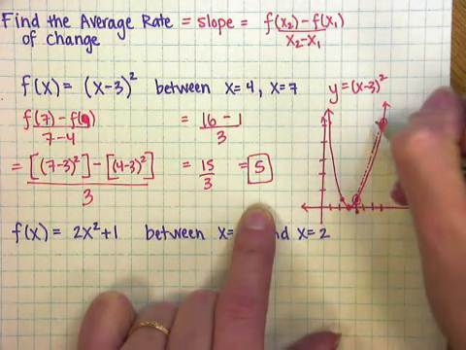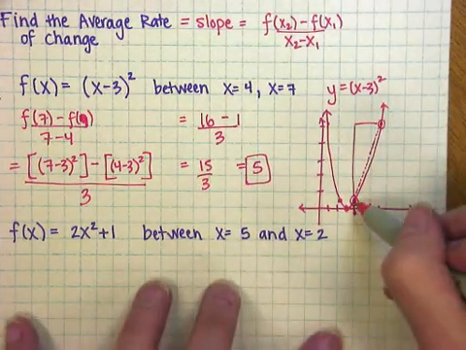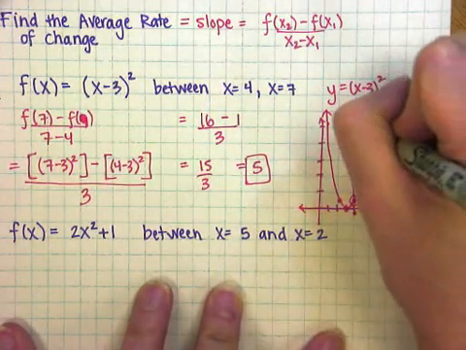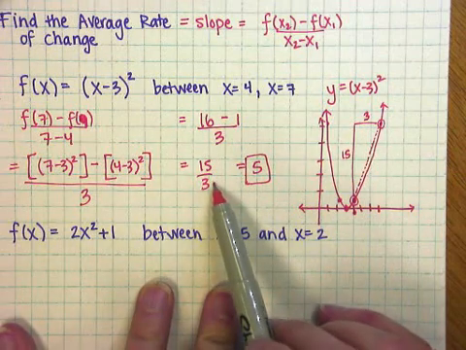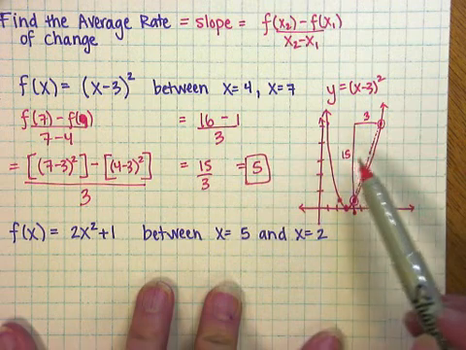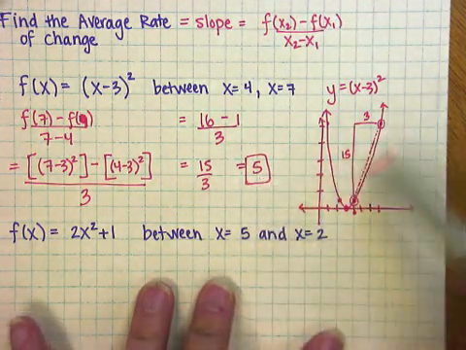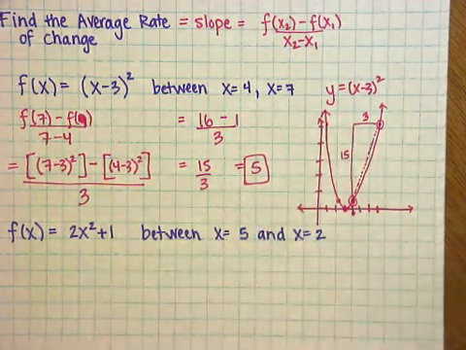And then it looks to me like I'm rising, from 1 to 16, I'm rising 15, and I'm running 3. Notice that as we were doing our work, that's exactly what we got algebraically. We rose 15 and ran 3, rise over run. And sure enough, 15 divided by 3 does give us a slope of 5. So not only does the picture look right, it matches our algebra, which is good. Everything is copacetic.